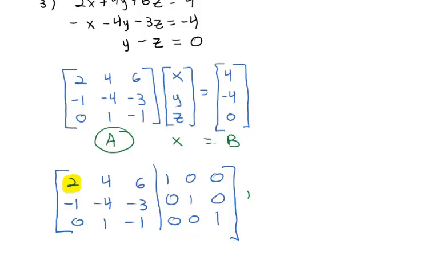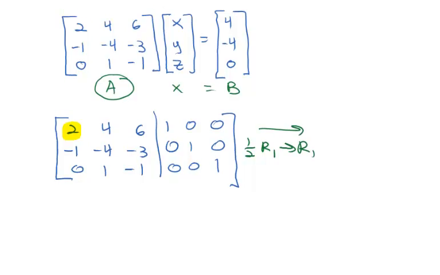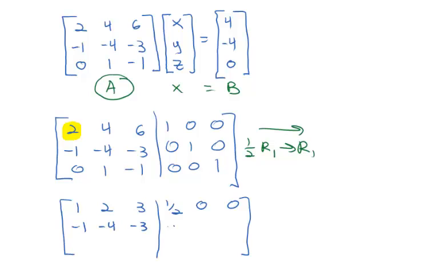It's a 2. We multiply by the reciprocal, 1/2 times row 1, to get our new row 1. Multiplying that row by 1/2, we get 1, 2, 3, 1/2, 0, 0. The other two rows are unchanged. Negative 1, negative 4, negative 3, 0, 1, 0, 0, 1, negative 1, 0, 0, 1.